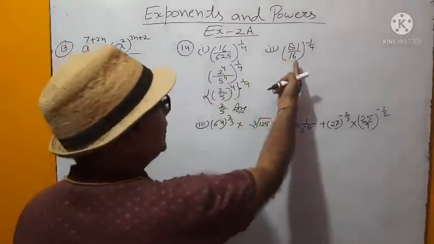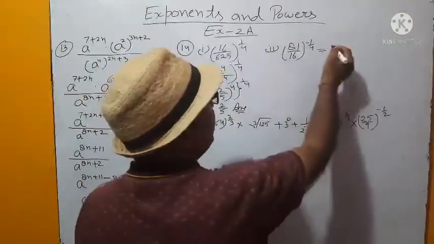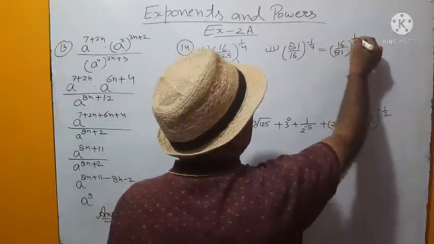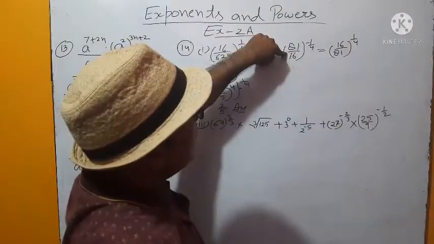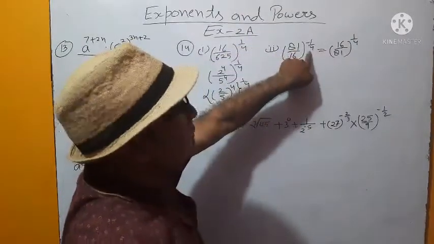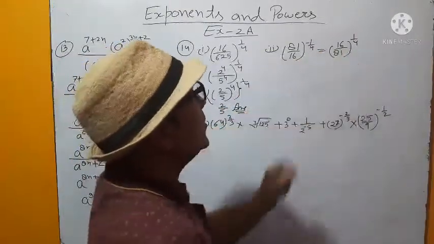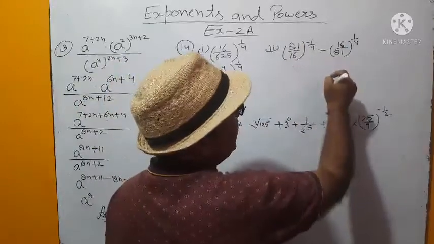Same we will do here also. But here exponent is negative. So first make it positive by writing the reciprocal of the base. When we write the reciprocal of the base, then sign of exponents is changed. Minus 1 by 4 becomes 1 by 4 if we write 81 by 16 to 16 by 81.